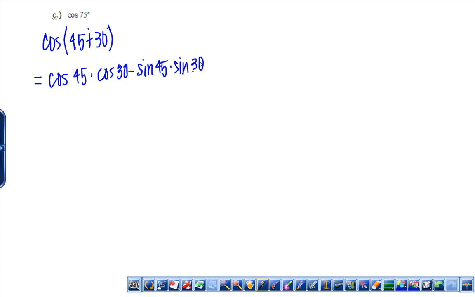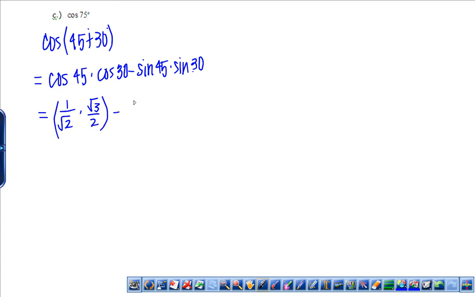Okay, so look at your 45 and your 30-degree triangles again. Cosine of 45, again, you can rationalize or not. It's not going to matter. This is 1 over root 2 times cosine of 30 gives me root 3 over 2.